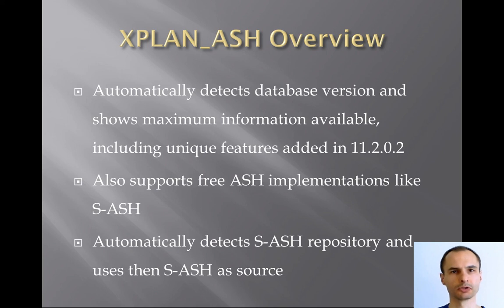As far as I know, there will be a version 2.3.1, and that should already include all these minor changes required to have it running with Explain-Ash, because it doesn't really change the functionality of Sash. And if you run Explain-Ash in this Sash repository, Explain-Ash automatically detects this and adjusts accordingly so that it works with Sash.